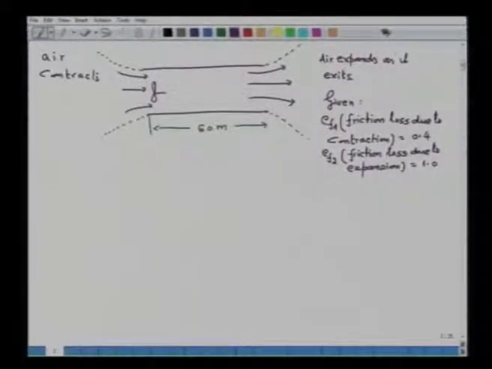Also, it is given to us the viscosity of air, which I represent as mu of air, is 1.78 into 10 to the power minus 5 kilogram per meter second.